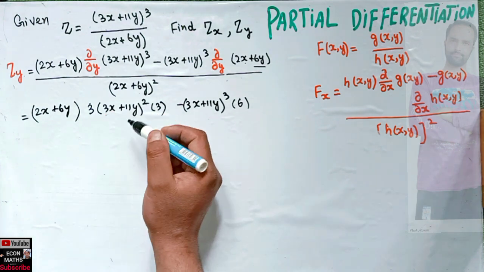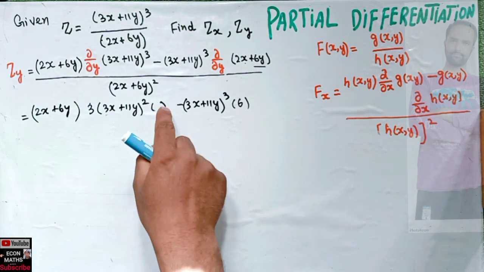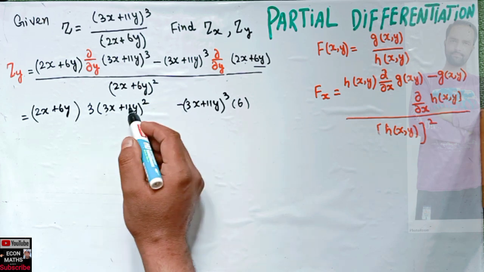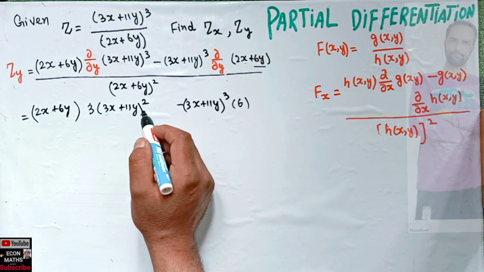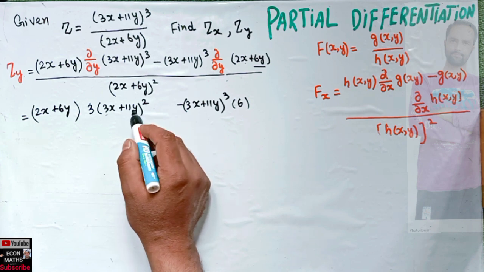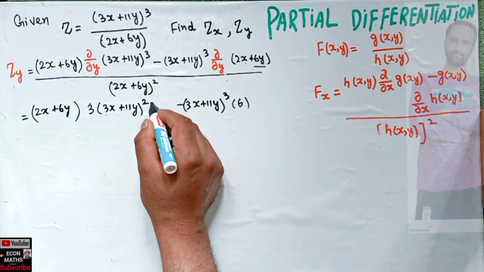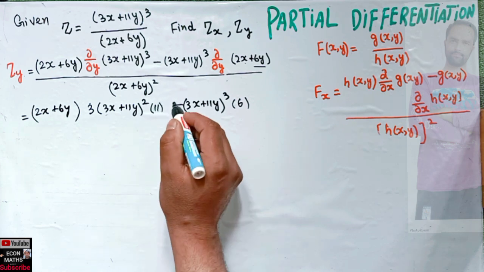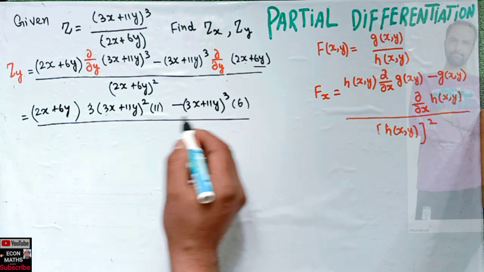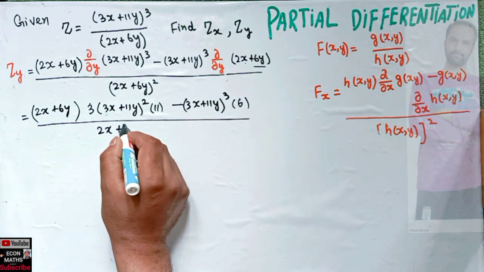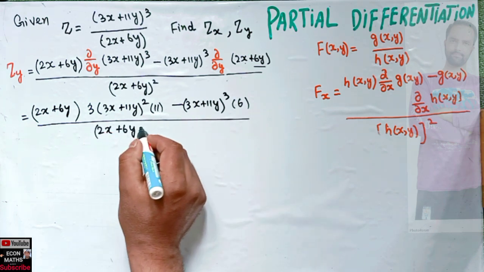We are taking the derivative with respect to y, so here we have to internally differentiate with respect to y, and the derivative of y is 1, so we are left with 11. Okay, it was a horrendous mistake here. Then we have (2x + 6y) square.